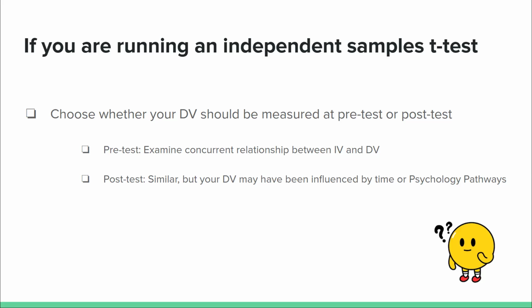And so if you tend to think in terms of an effect, like maybe an independent variable is kind of almost predicting a dependent variable at a future occasion, if that is the type of relationship you're thinking of in your mind, then the post-test might make a little bit more sense because there's at least that little difference in time between IV and DV.